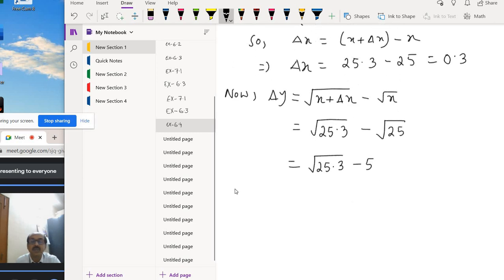So delta y plus 5 equal to under root 25.3. This is equation number 1.